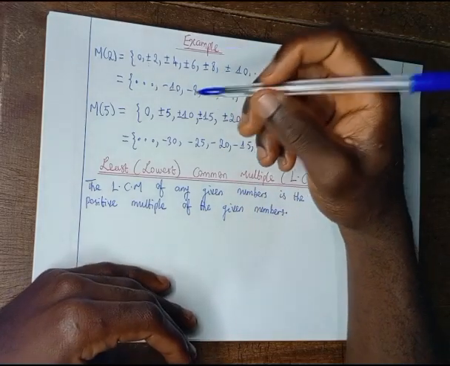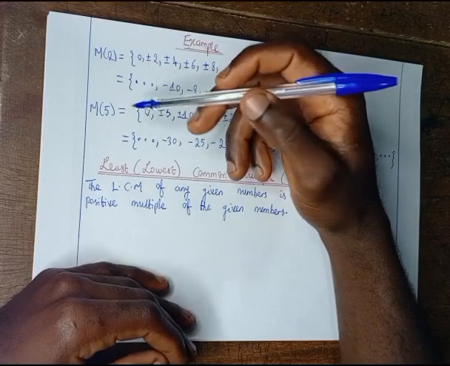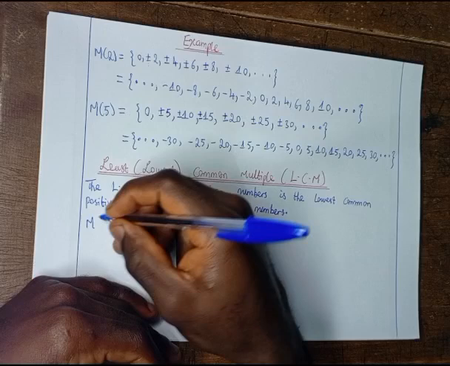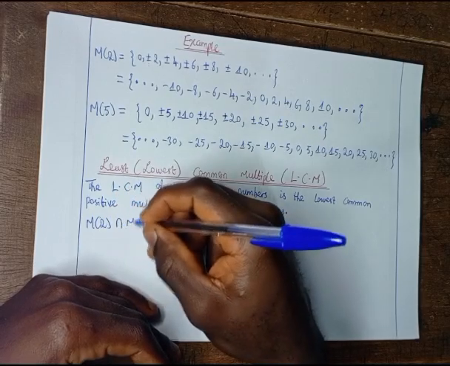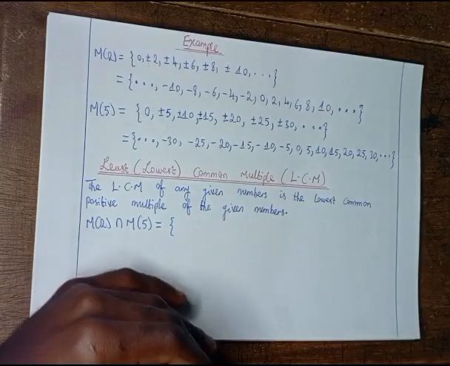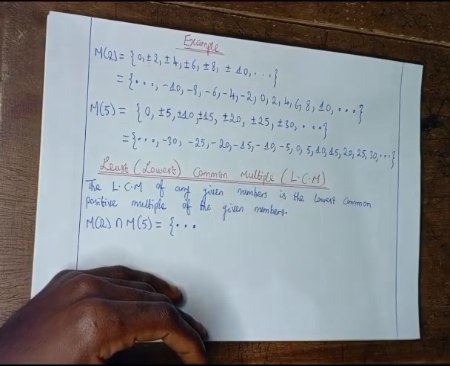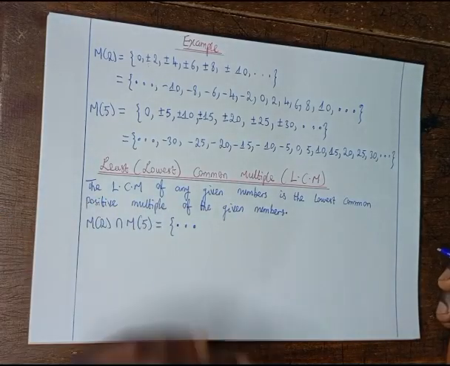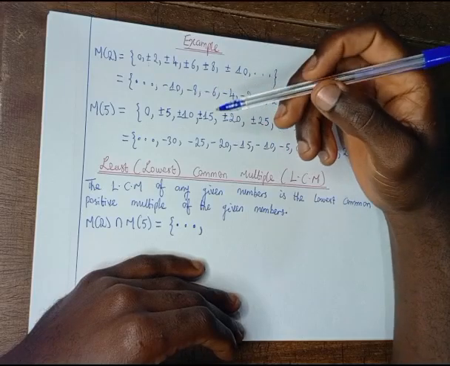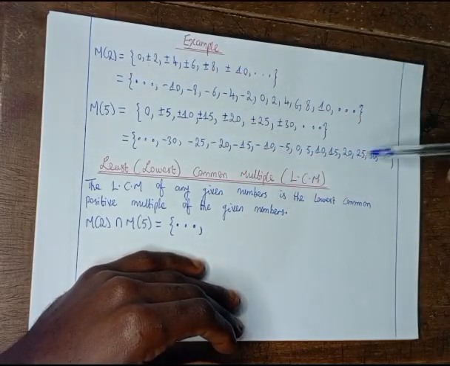For example, let's write down the common multiples of 2 and 5. It is denoted as such: M of 2 intersection M of 5 will simply be equal to the negative multiples which are common. They are endless. They continue to the left hand side. So we are going to write down the multiples we see in this set and we see in this second set.